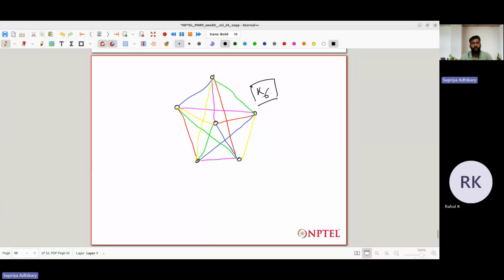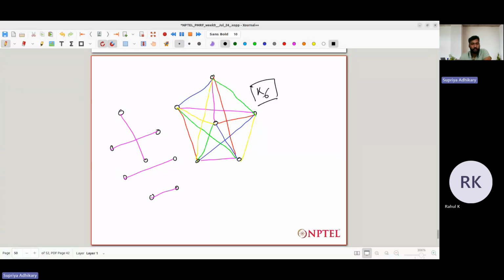So basically, what we do is, if there are 7 points and 1 point in the middle, then first, so this is one matching of these n equal to 7 points, K7 basically.